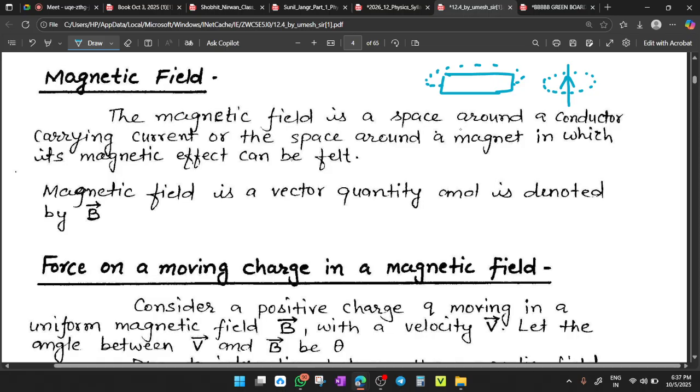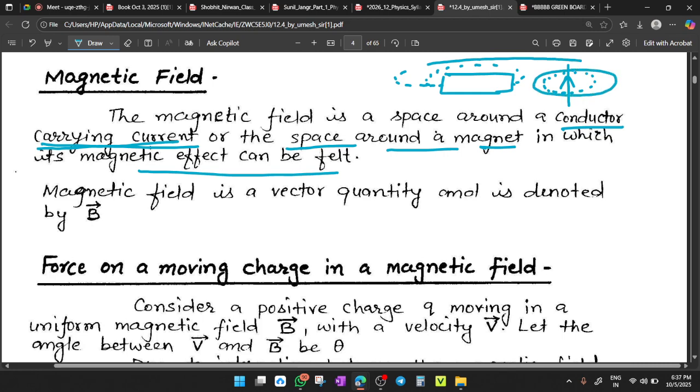So magnetic field is the space around a current carrying conductor, or the space around a magnet in which its magnetic effect can be felt. So the space up to where you can realize its magnetic effect is called magnetic field.